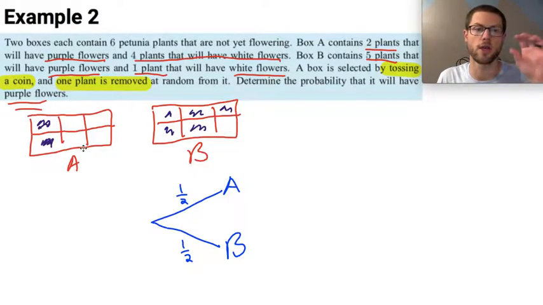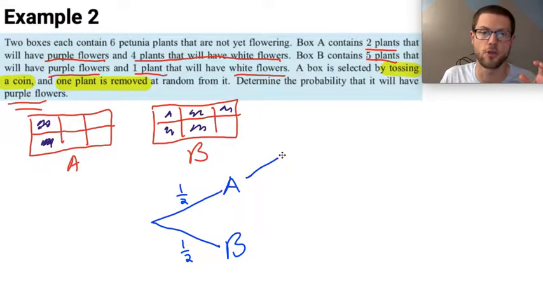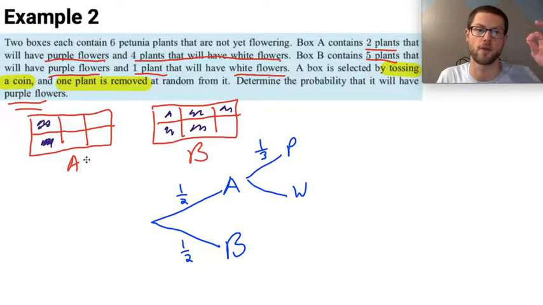So if I'm only looking at box A, let's look at the probabilities at play there. There are 2 possible outcomes. I could pull a purple plant or I could pull a white plant. There is a 2 out of 6, or 1/3 chance in box A to pull a purple plant, since there are 2 of them out of the whole 6.